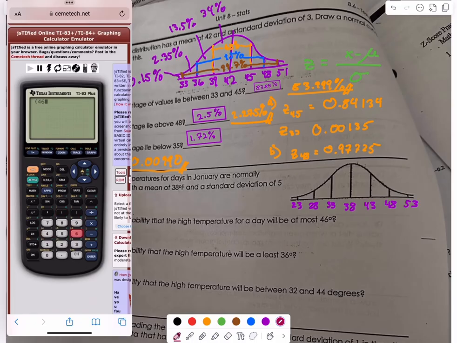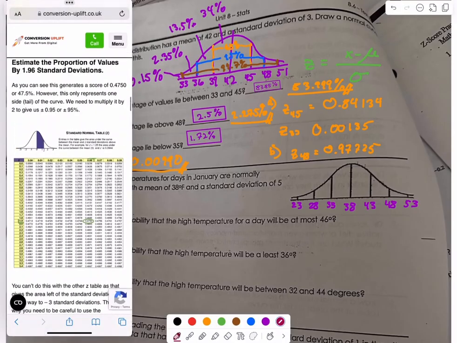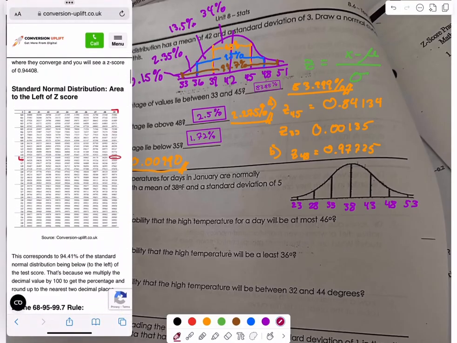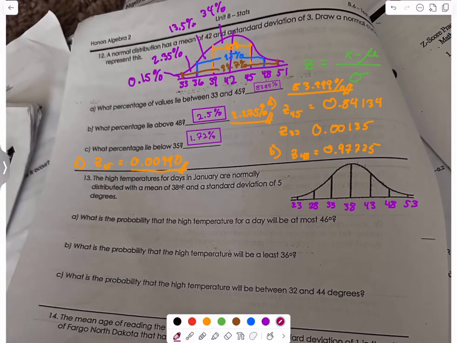So we're going to say our 46 minus our mu, which is 38, divided by our standard deviation of 5. Okay, so with that, we get a z-score of 1.6. So we got to go back to the positive one, which is this one. Z-score of 1.6, 9452.